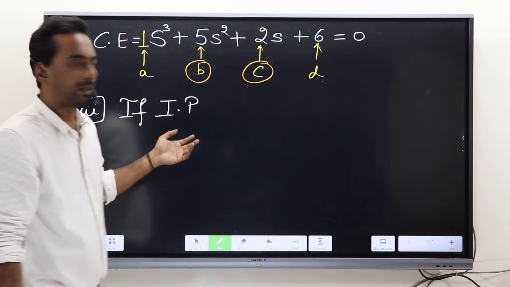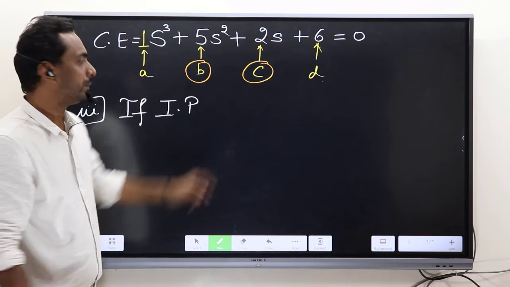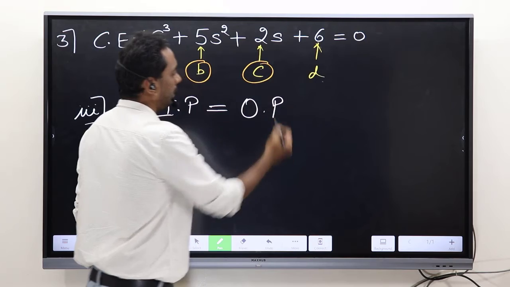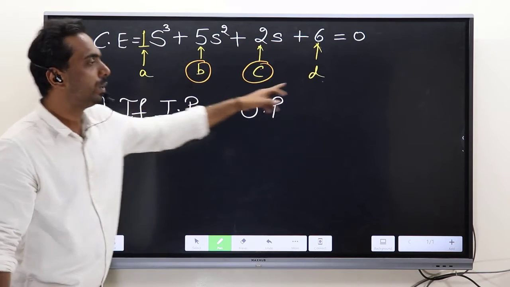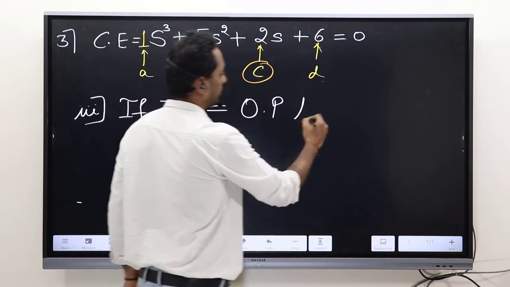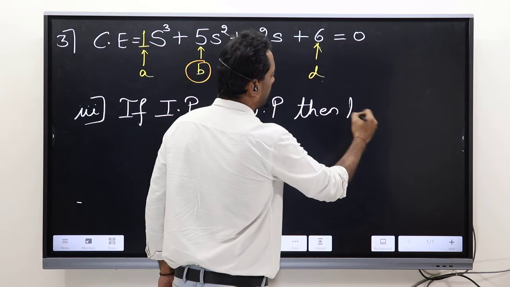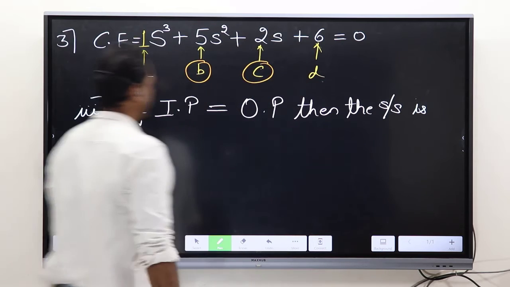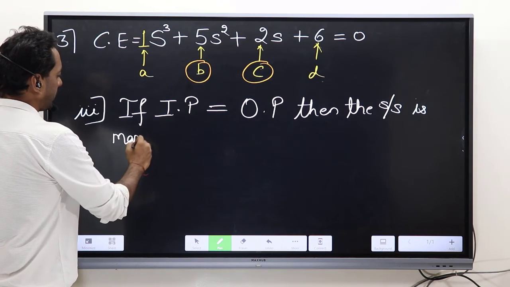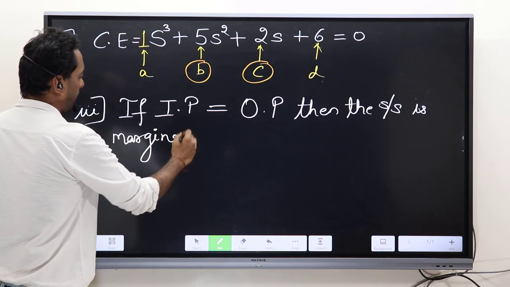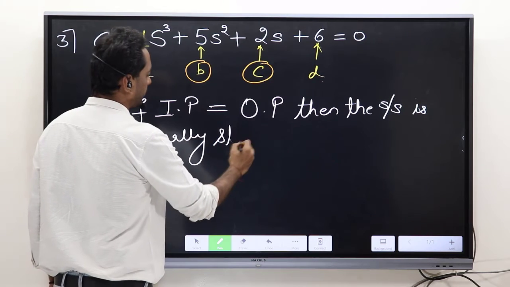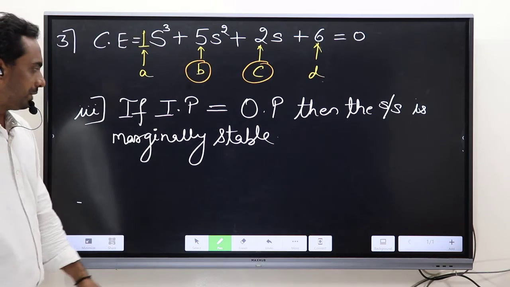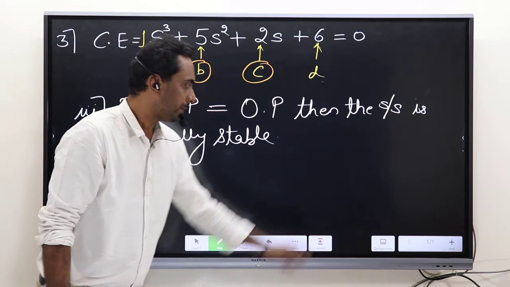IP means inner product. What is the inner product? B into C. If the inner product is equal to the outer product, which is A into D, then the system is marginally stable.